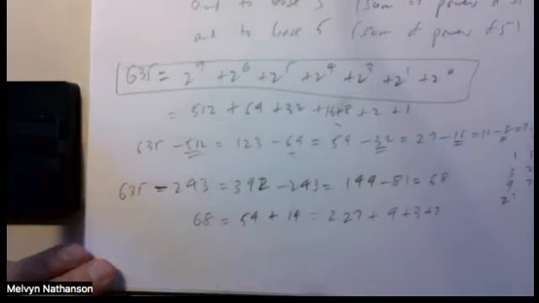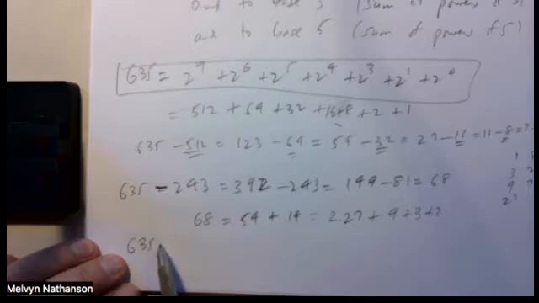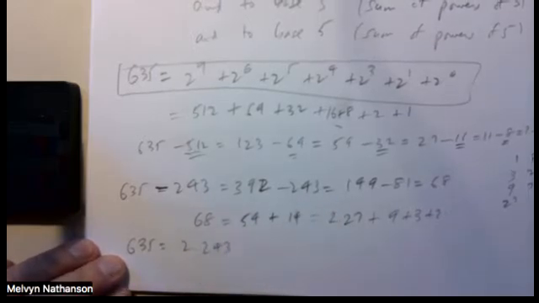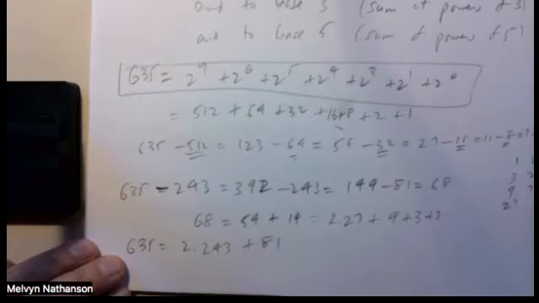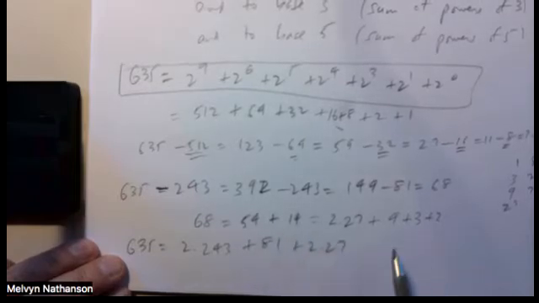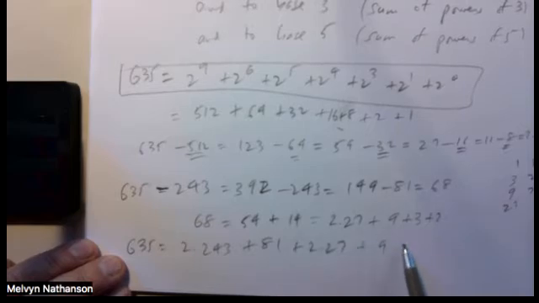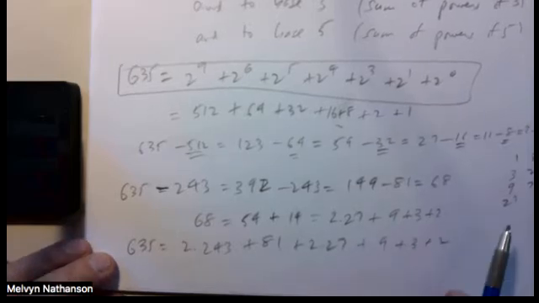If I put that all together, 635 is 2 times 243 plus 81 plus 2 times 27 plus 9 plus 3 plus 2.